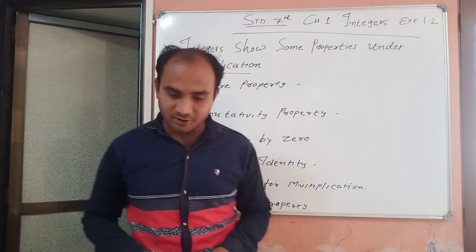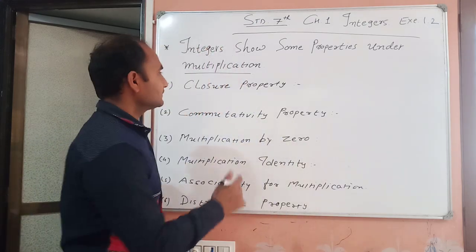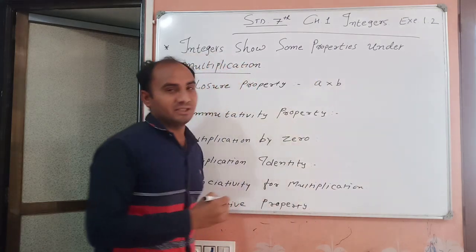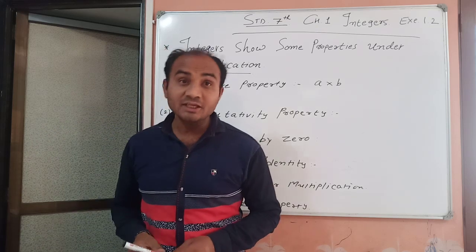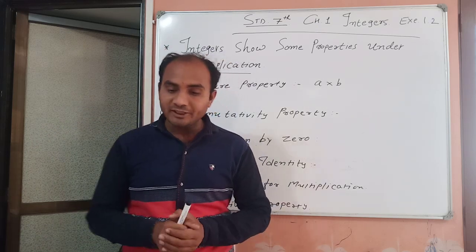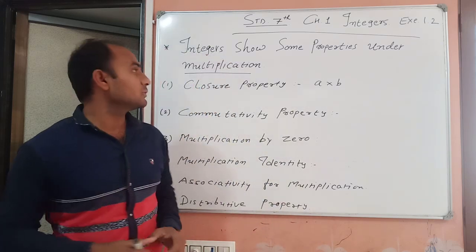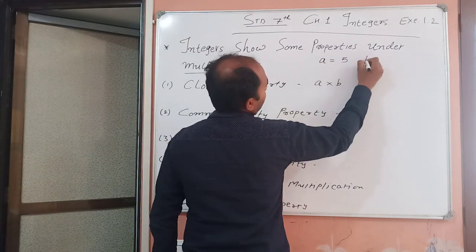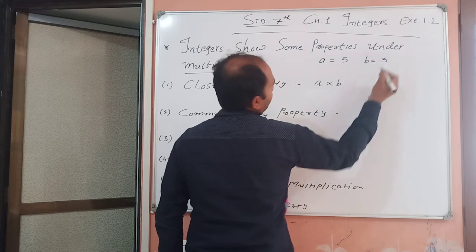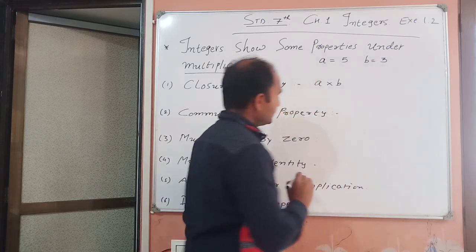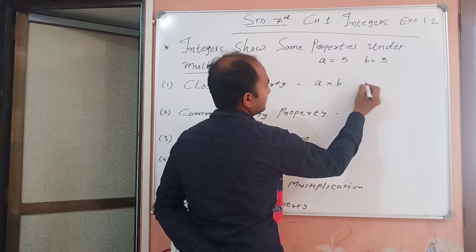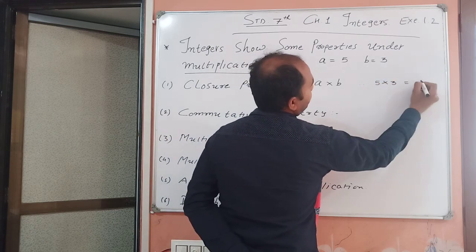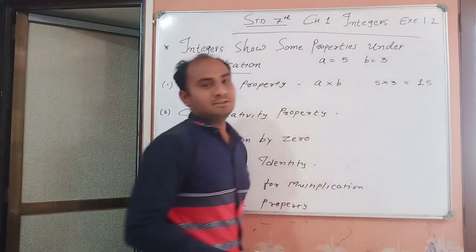In the closure property, we can write A into B. A into B is an integer for all integers A and B. Suppose here we are taking A is equal to 5, B is equal to 3. Therefore, 5 into 3, 5 3s are 15.